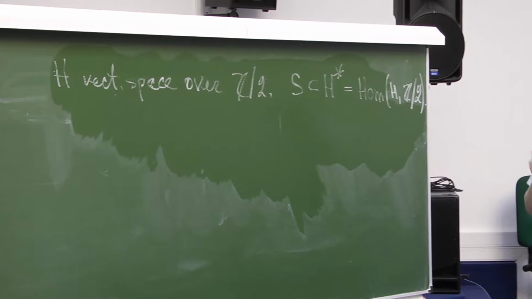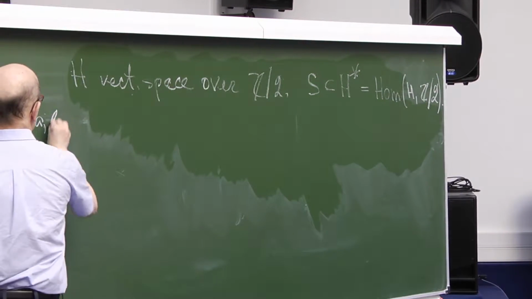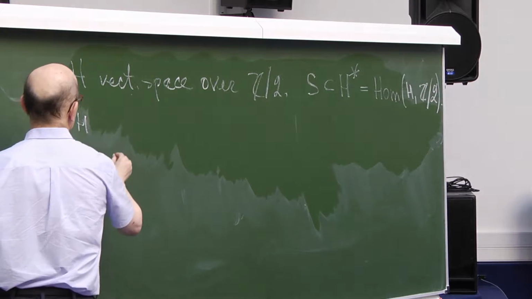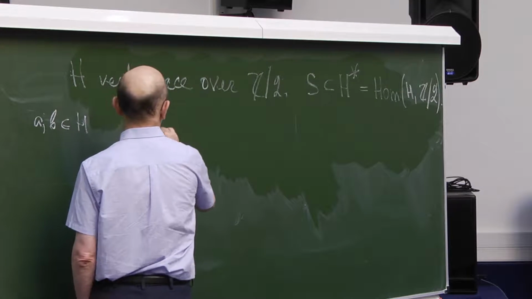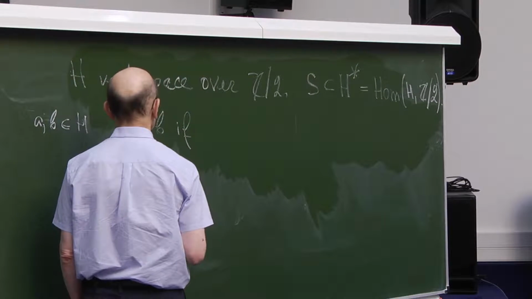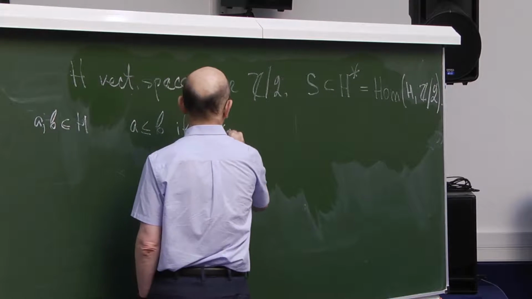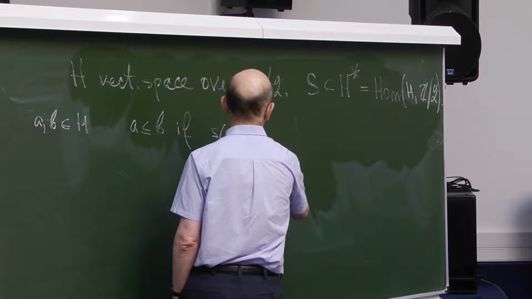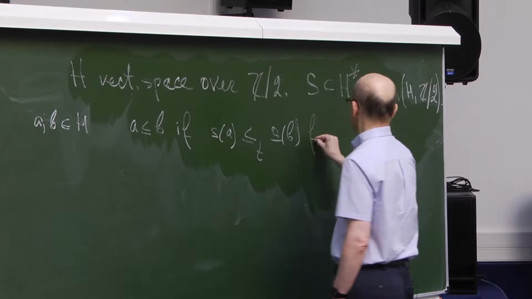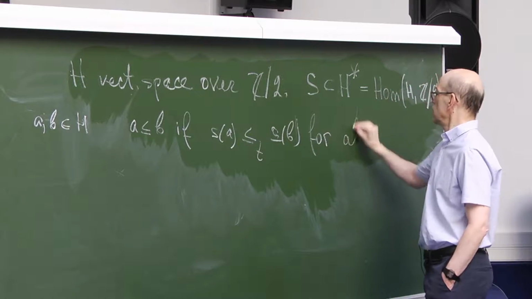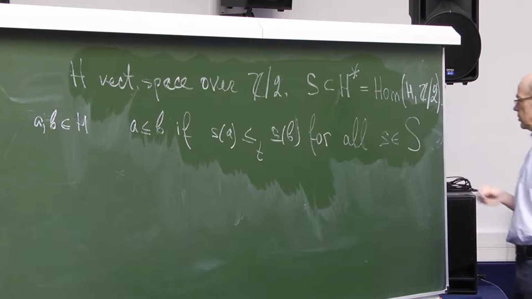Now I'm going to define a partial order in H. So for any A, B in H, we define by definition A is smaller than or equal to B if S(A) is smaller than or equal to S(B) for all elements S of this set S.